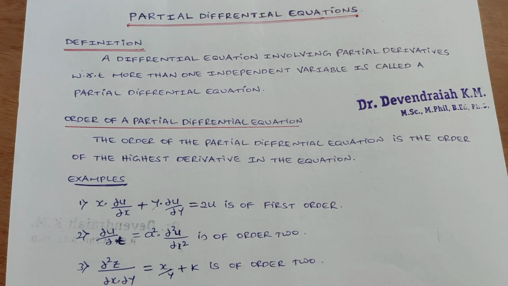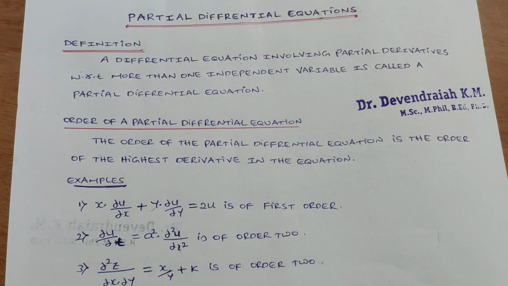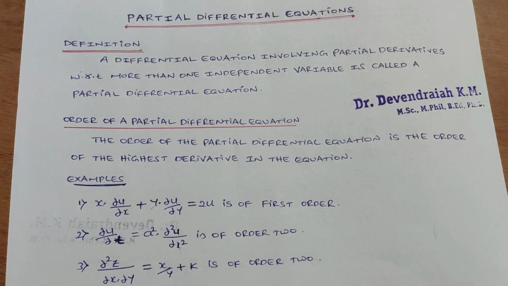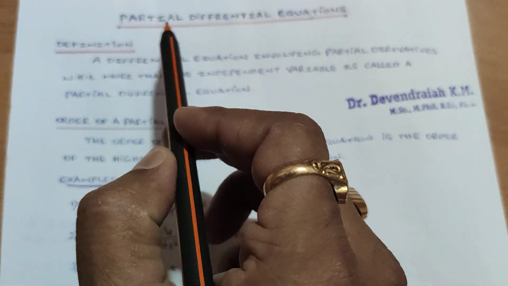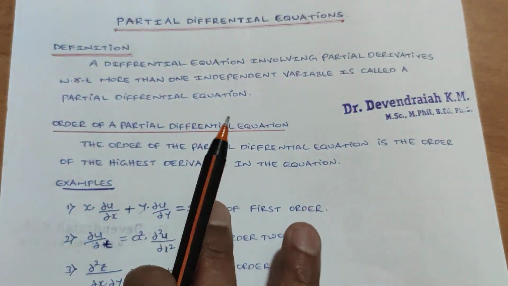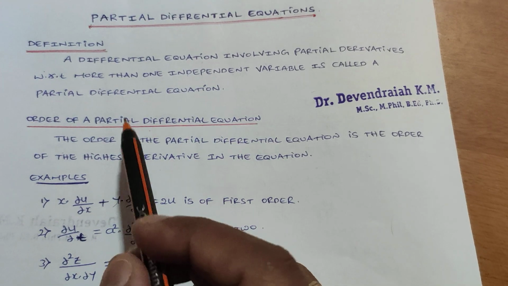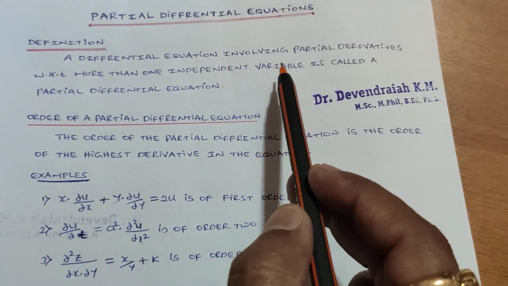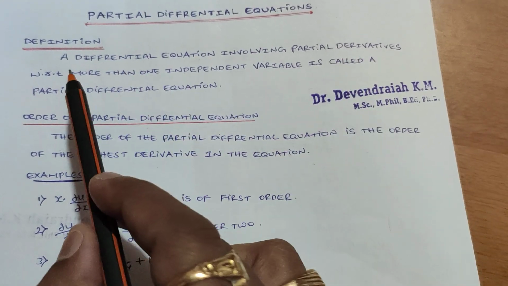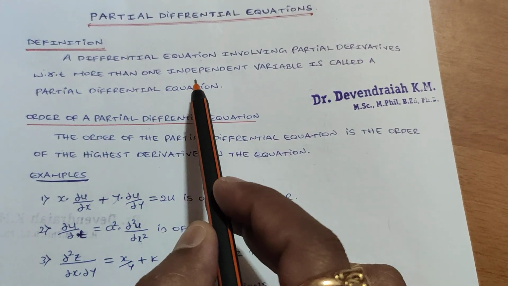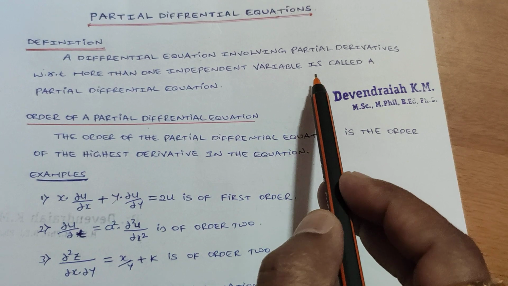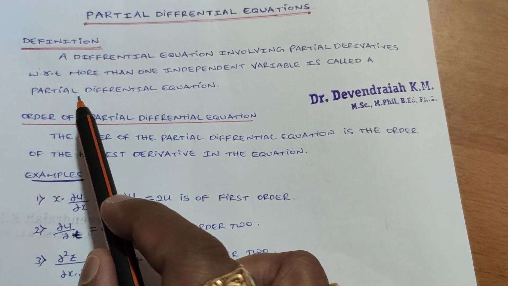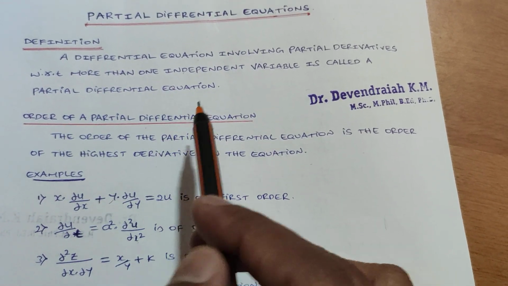Today we discuss the chapter partial differential equations. Let us see the definition of partial differential equation. A differential equation involving partial derivatives with respect to more than one independent variable is called a partial differential equation.